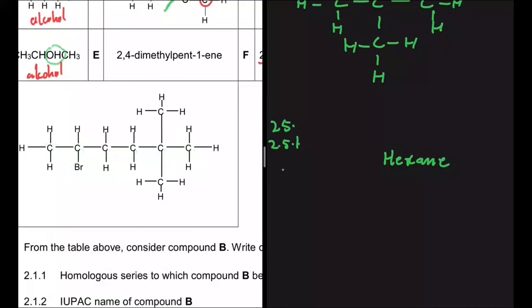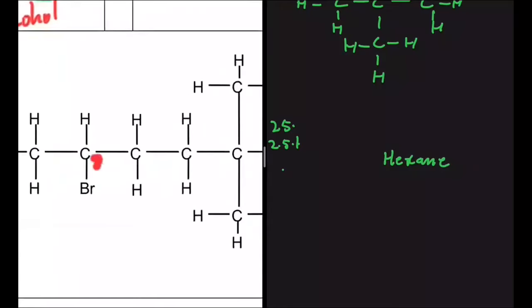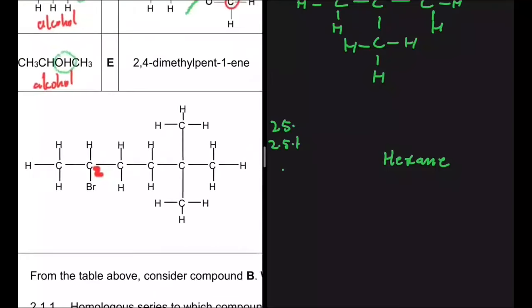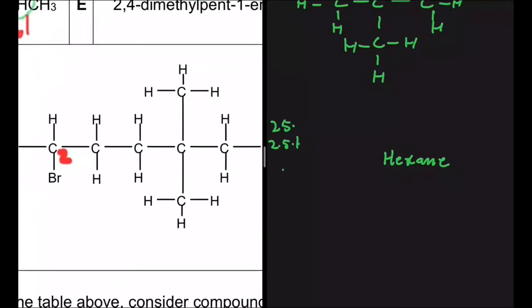Where do I start numbering? If you start numbering from the left, on the second carbon, you have Br, you have bromo. And then if you start numbering from the right, on the second carbon, you have methyl, you have dimethyl, right? So the question now is, what takes preference between a branch and a halogen? Well, according to the exam guideline, nothing takes preference between the halogen and the branch.